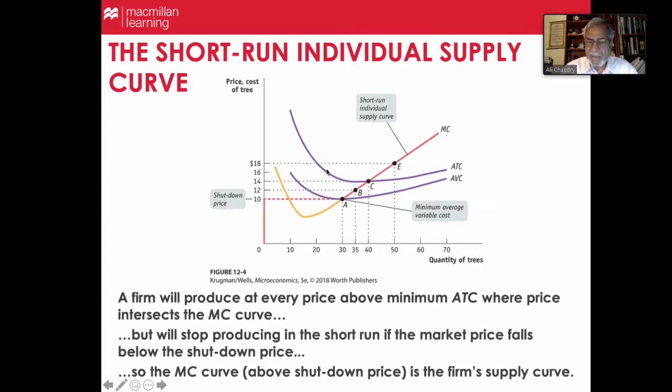Why is this curve below the average total cost curve? What's the difference? I'm not going to move until you give me an understanding that you're clear on why that is different and what accounts for the difference.